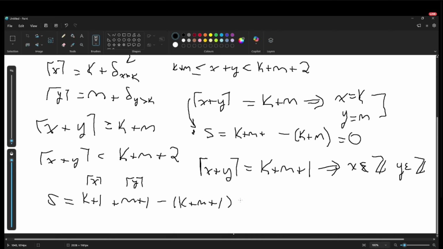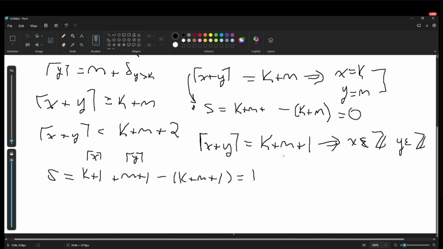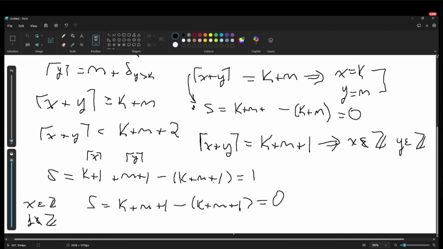So this is exactly equal to 1. In the other case, they can't both be integers. One of them is an integer and the other one's not, so s just becomes k plus 1 plus m, or sorry, k plus m plus 1. It's really the same thing, minus k plus m plus 1, so it's equal to 0.